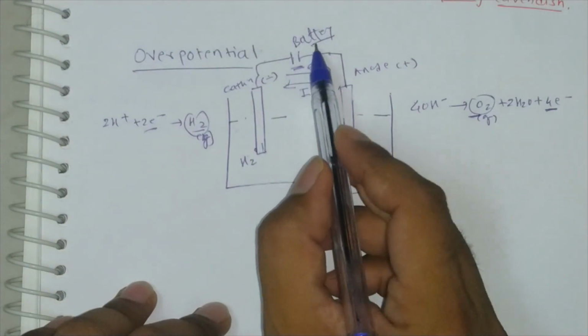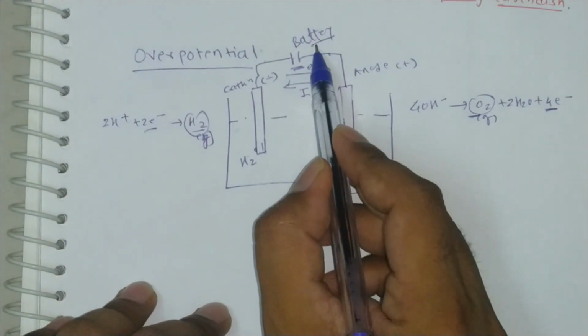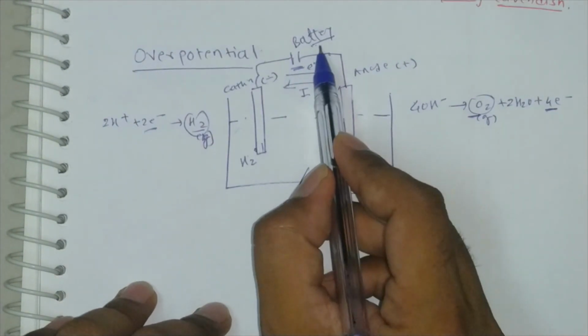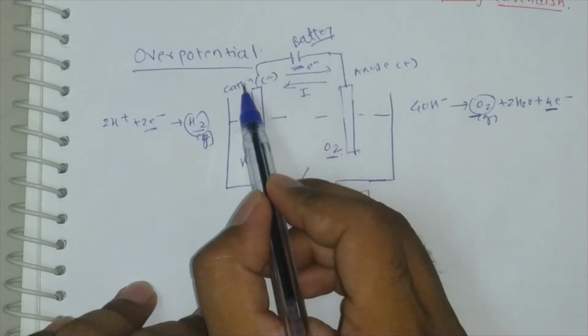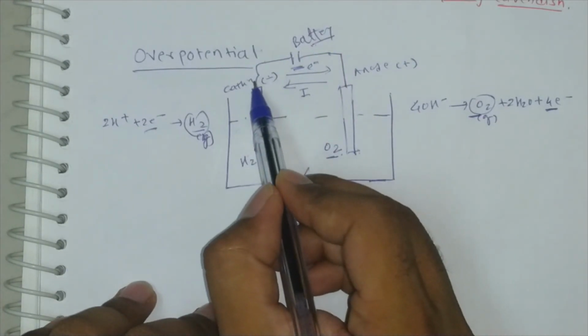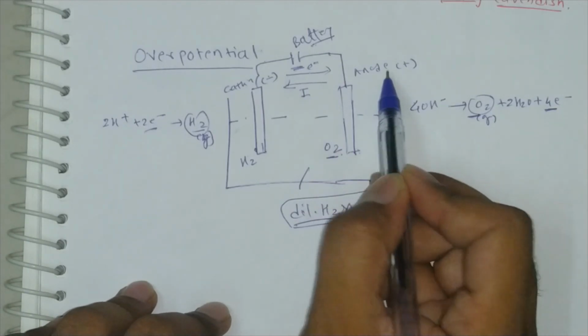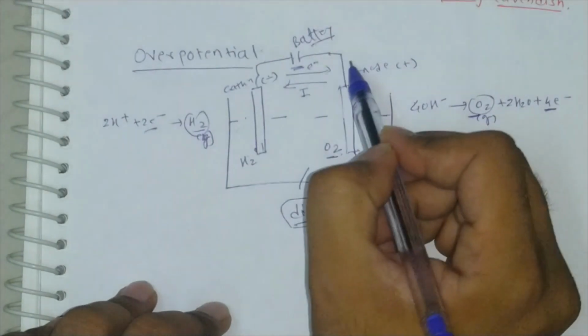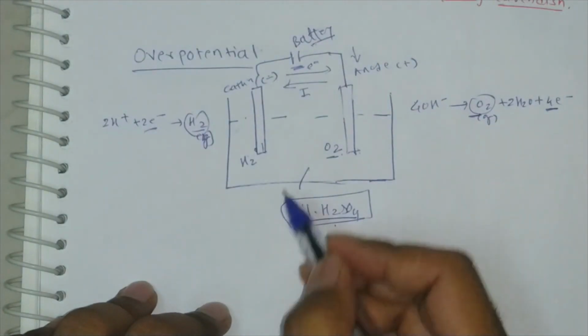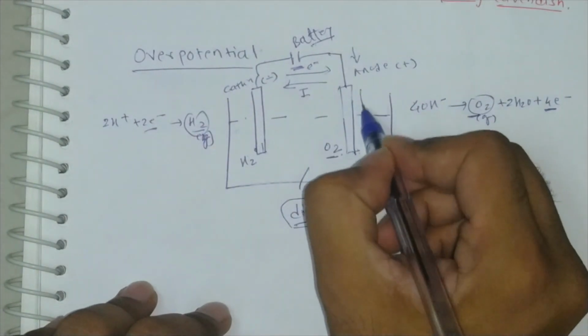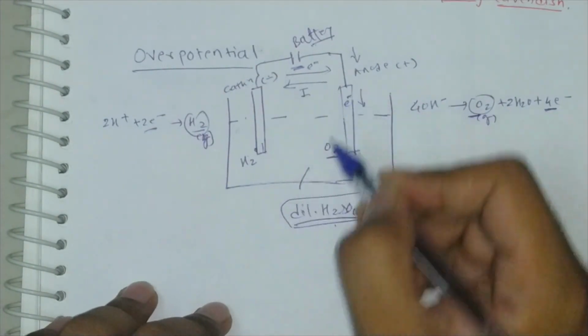Now when we supply the current or potential through the battery, electrons flow from the cathode, the negatively charged electrode, to the anode, the positively charged electrode.